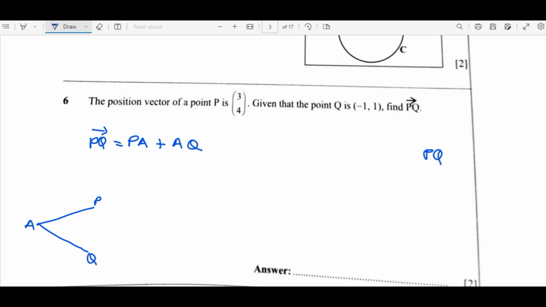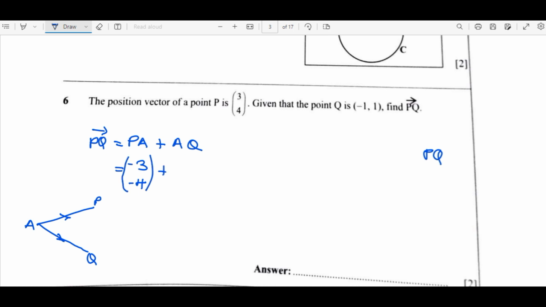When you look at the two, you'd find that for PA, we are going against the vector, so we are going to introduce a negative here. It is different with AQ. AQ is moving in this direction, so we're going to put it the way it is. So we would say (3, 4), and because it is going against the vector, we put a negative there and a negative there.